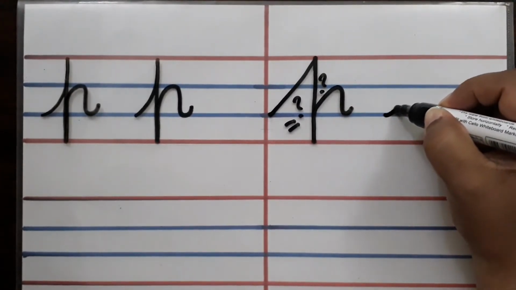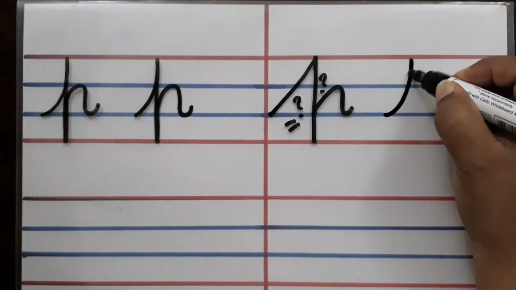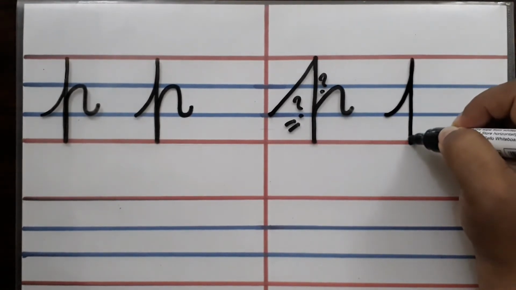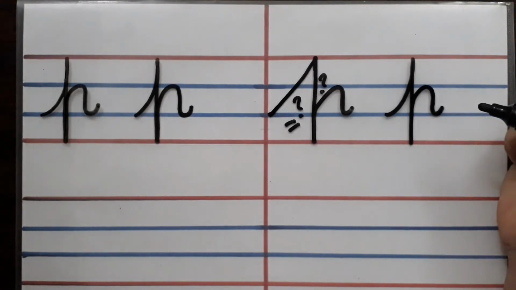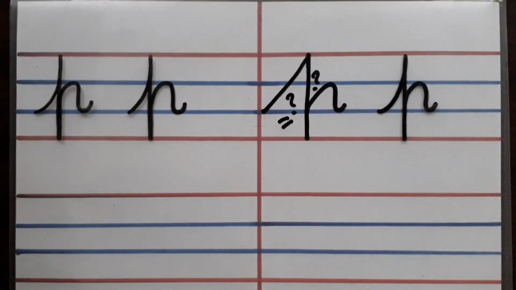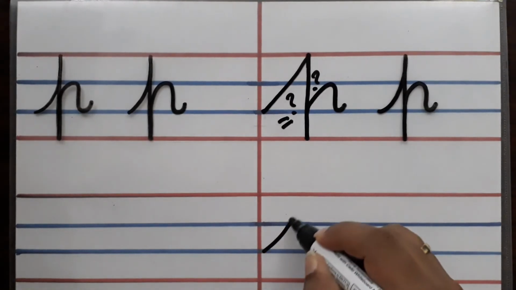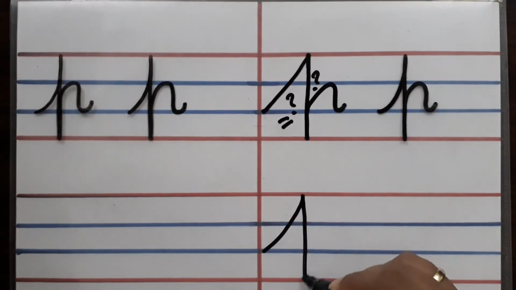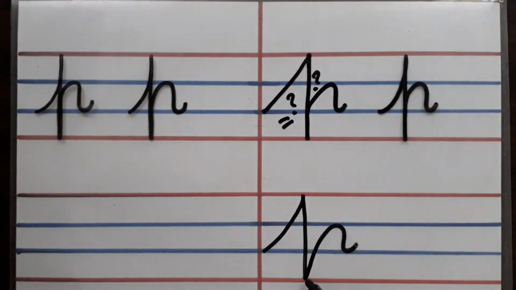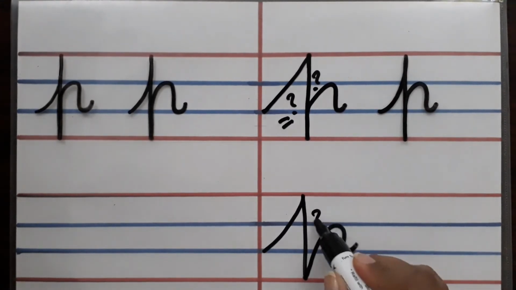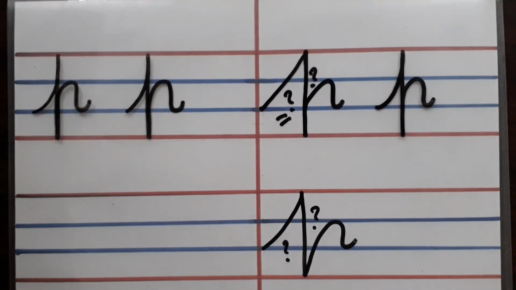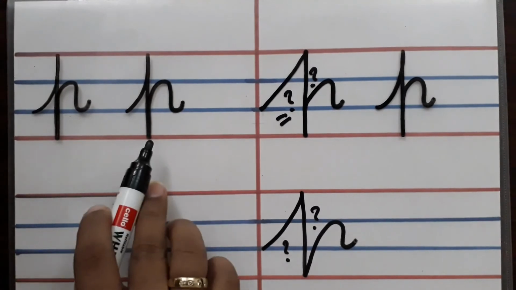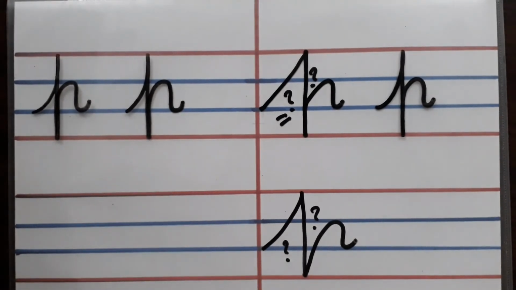So I will just come down and move. Okay? Some of us might also make this mistake, that we might turn from here only. Okay, this is also incorrect. Alright, children? So be very careful while you write. These two are the correct way of writing letter P.